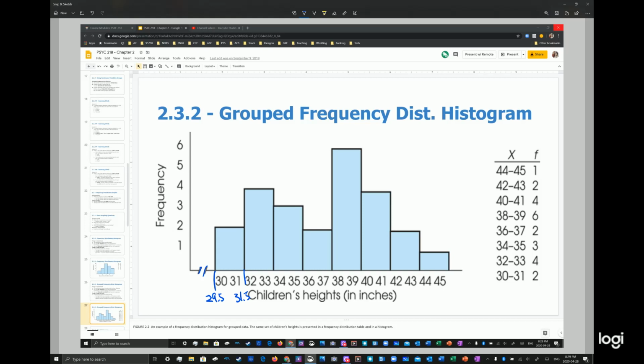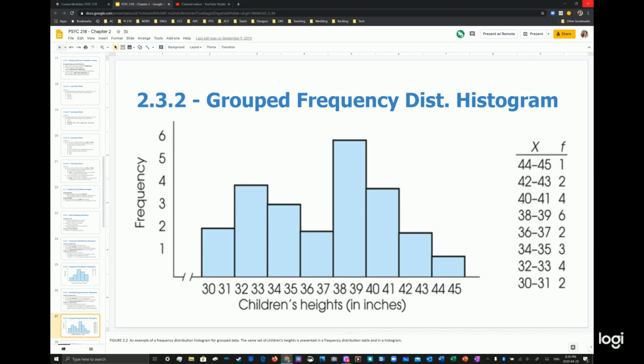But for the counts, you can see, 2 people got a score between 30 to 31, or actually between 29.5 and 31.5, and so on. And this is indicated right here in these frequency counts. So for one more, between 44 and 45 in your X value, only one person had that score. And this is shown in a group frequency distribution.